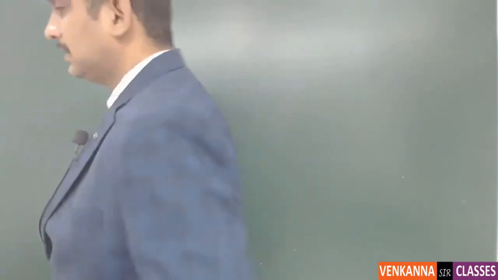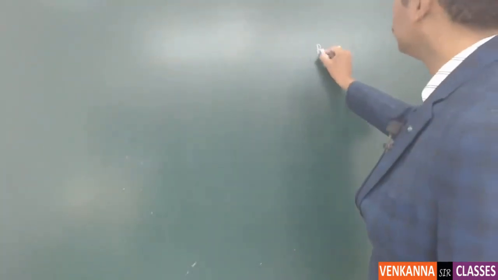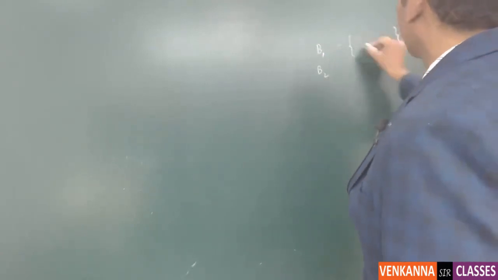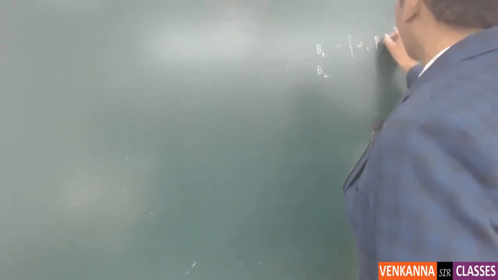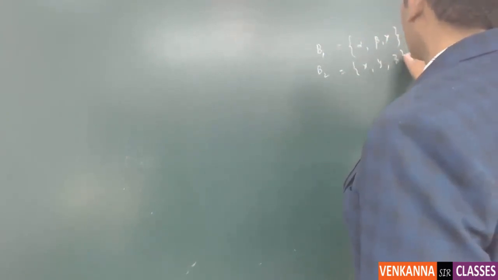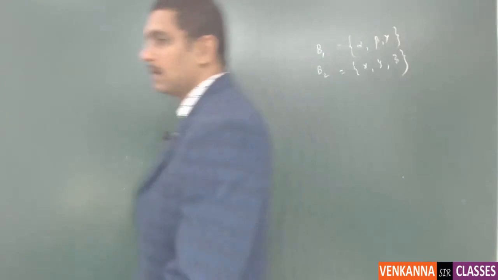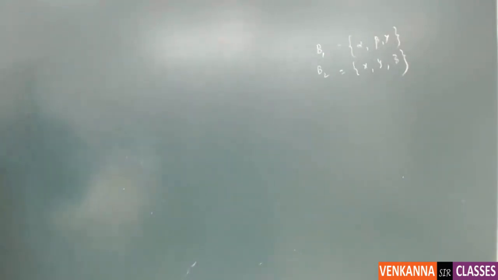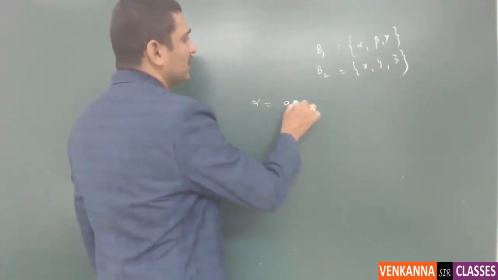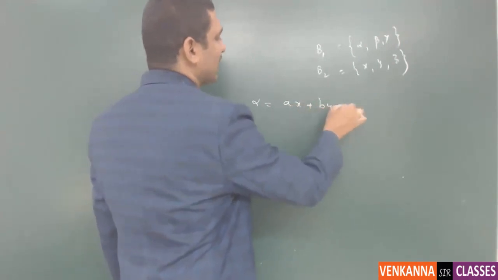So actually, if I got two bases, now I am finding a new matrix using these bases. So first what I will do, I will write alpha is equal to a linear combination of the second basis.